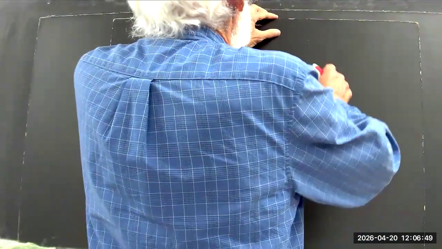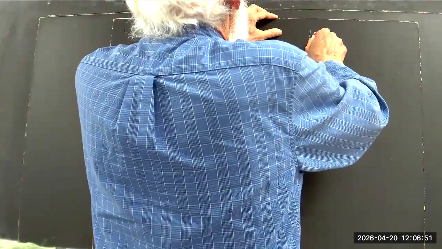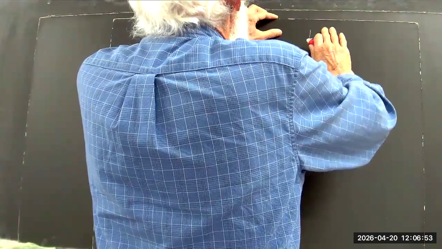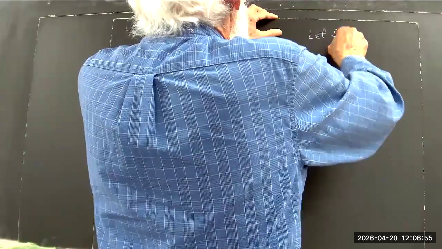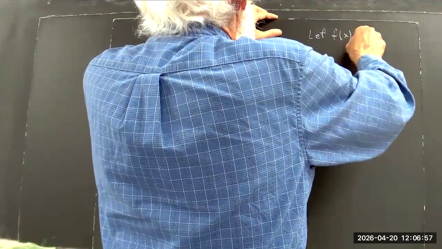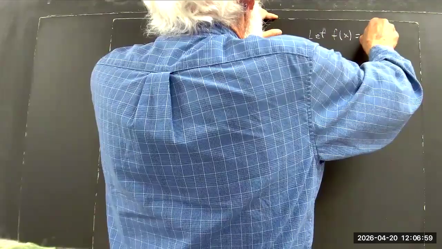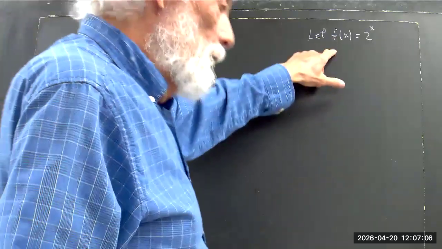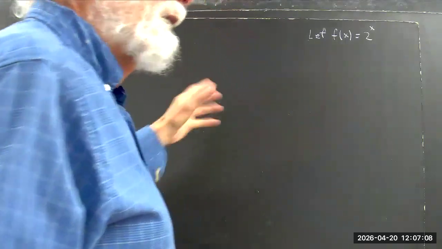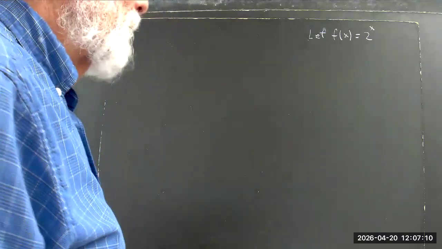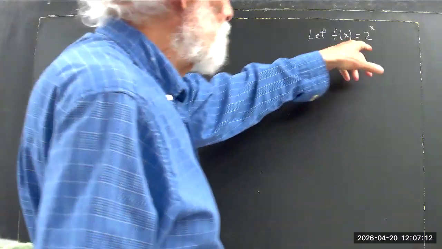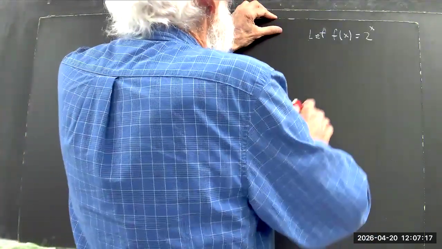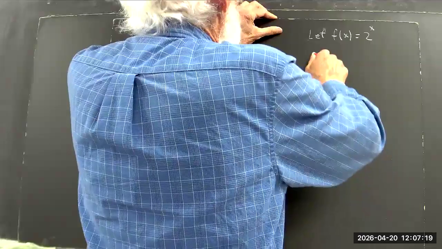Okay? Let's let f of x equal 2 raised to the x power. This is a different f, not the same one we graphed, not the same one we were talking about previously. Let's let f of x equal 2 to the x. I want to make a table.